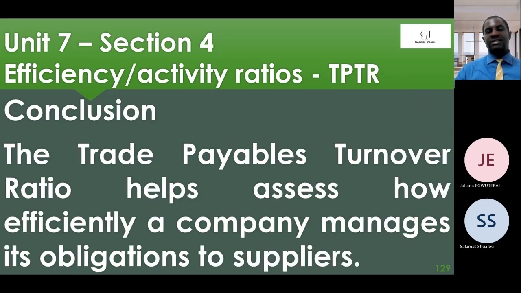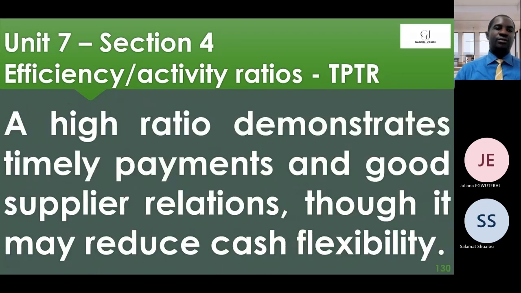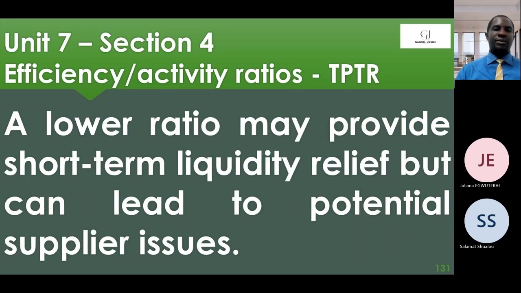So balance is key. In conclusion, the trade payables turnover helps assess how efficiently a company manages its obligations to suppliers. A high ratio demonstrates timely payments and good supplier relations, though it may reduce cash flexibility. A lower ratio may provide credit term liquidity relief, but can lead to potential supplier issues.